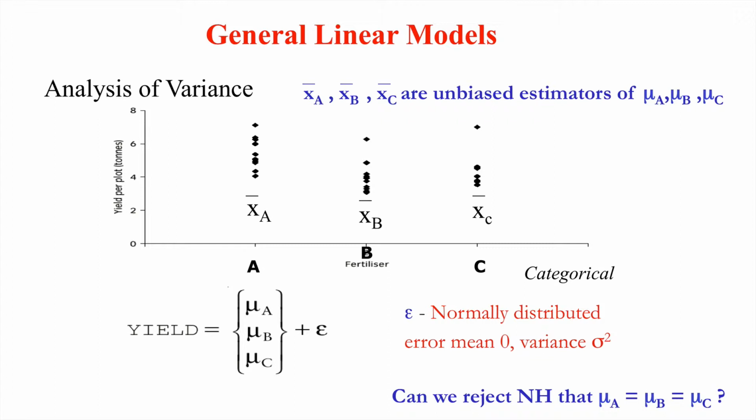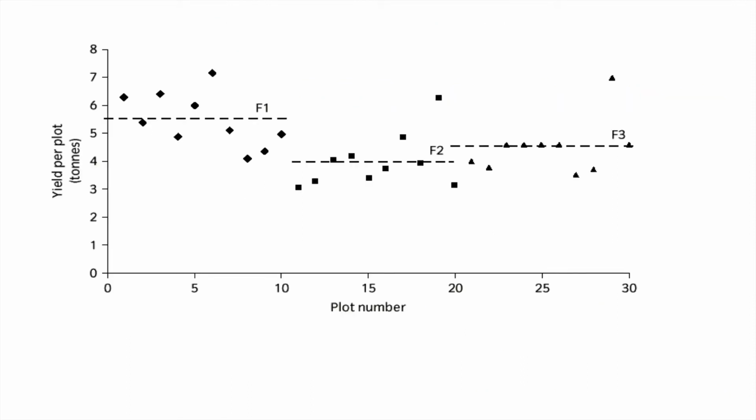The null hypothesis is that the population mean responses to these fertilizers A, B and C are all precisely the same. The alternative being that somewhere there is a difference in the yield according to one or more of the fertilizers. Let's have a look at the meaning of this term error.